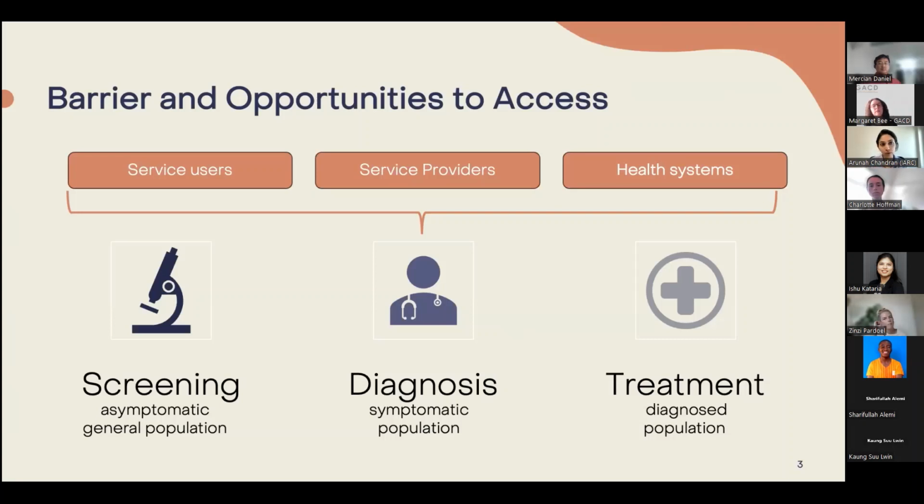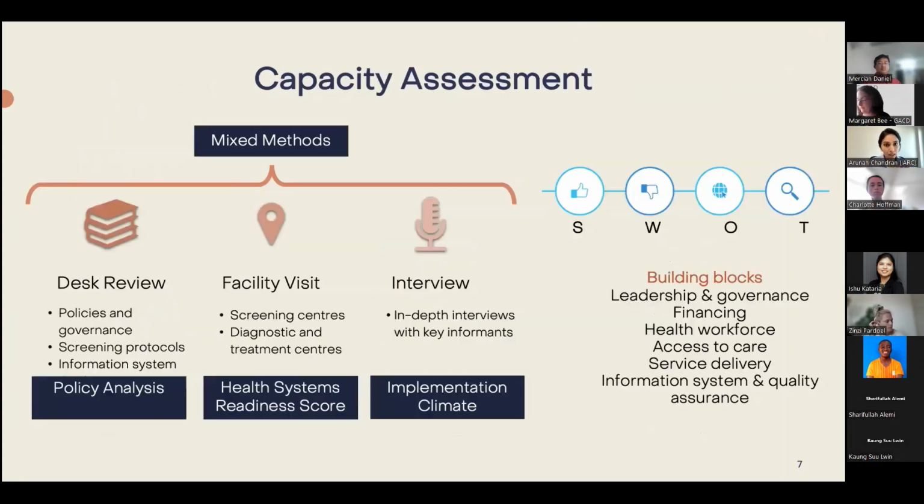We have developed tools that target the general population to look into what barriers and opportunities they have to access screening and diagnostic care. We're looking into tools that target service providers to see their perspective on the barriers and opportunities in access.